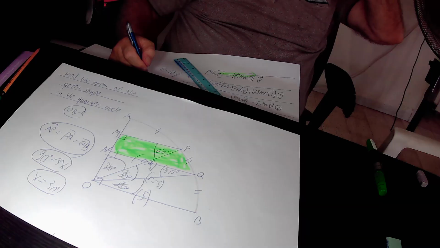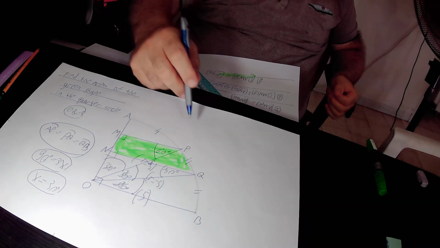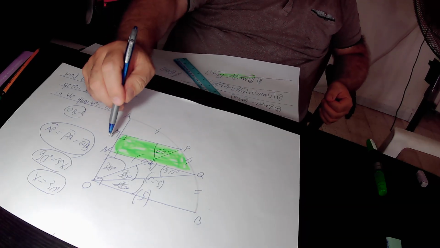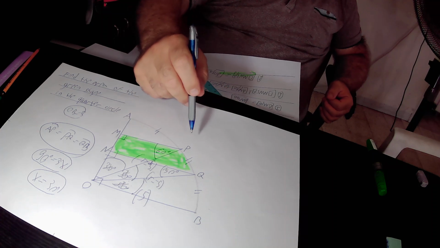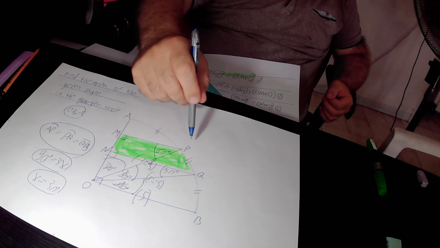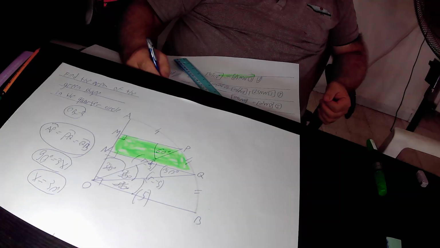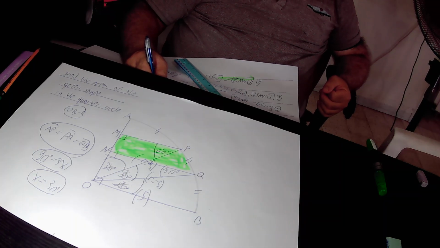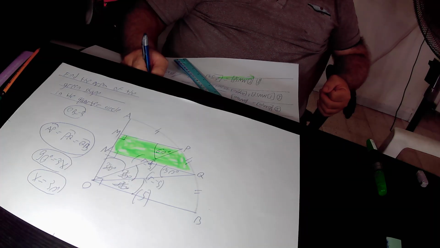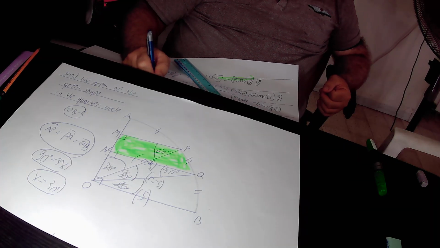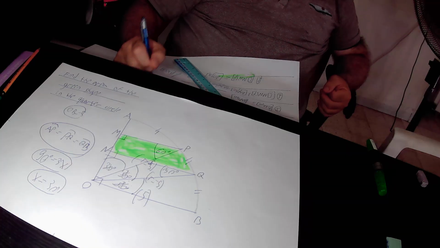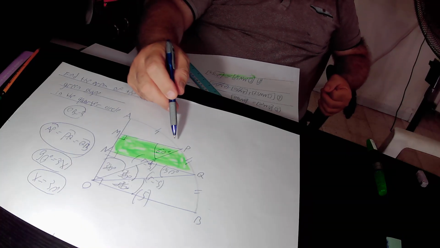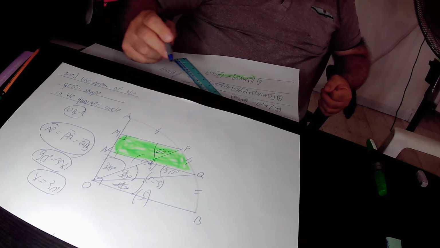From the drawing, it is very easy to see that the area of the green shape equals the area of the green quadrilateral MNSP plus the area of this green shape PQS. So write it down. The area of the green shape equals the area of the green quadrilateral MNSP plus the area of this small green shape PSQ.